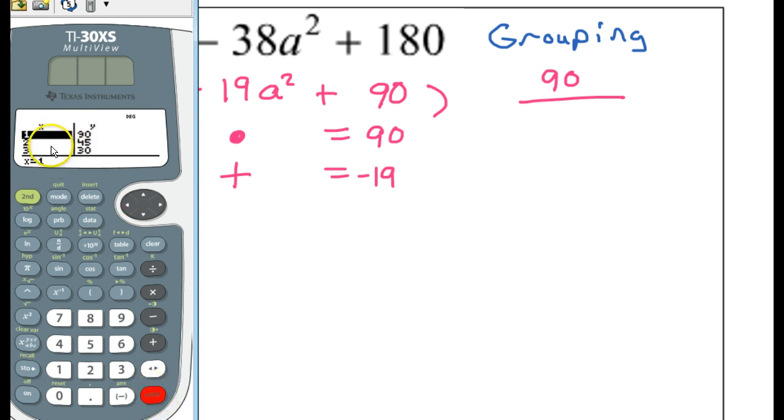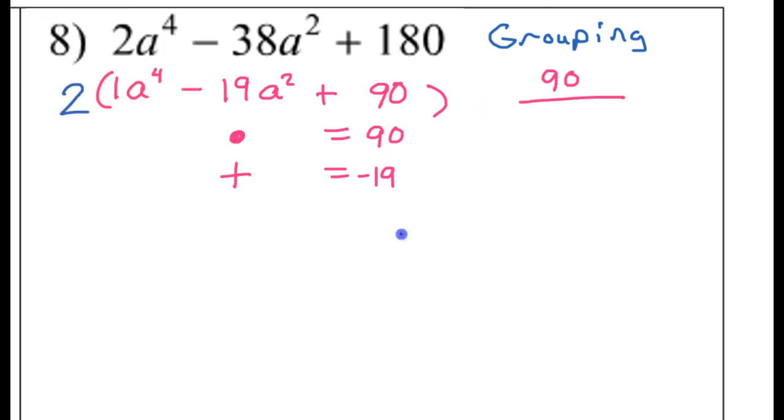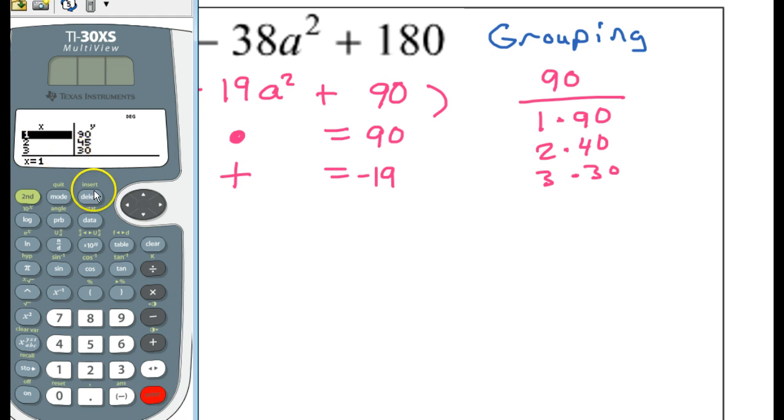Alright, and it really just basically gives you the list right here. So let me just jump over here. I've got 1 times 90, and 2 times 45, and 3 times 30. Okay, all of those are right on the screen. Let me scroll down some more. Alright, 4 is a decimal, so that won't be on the list.